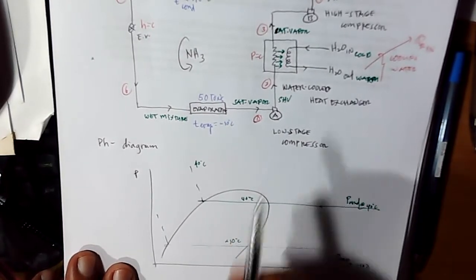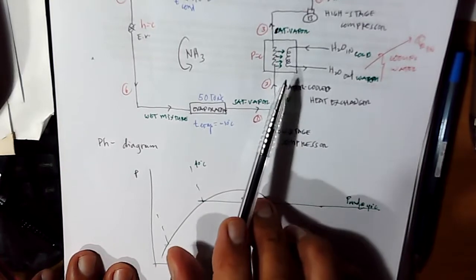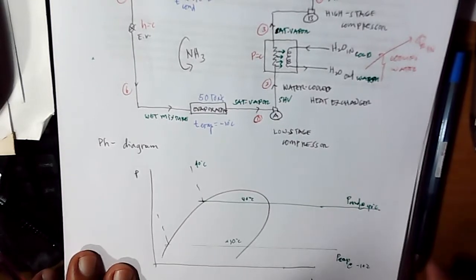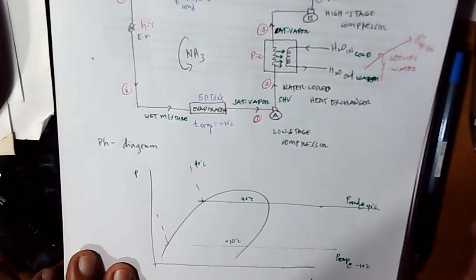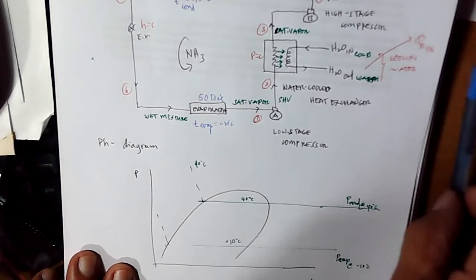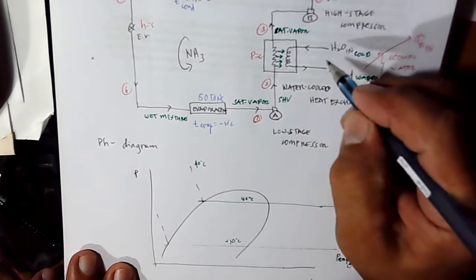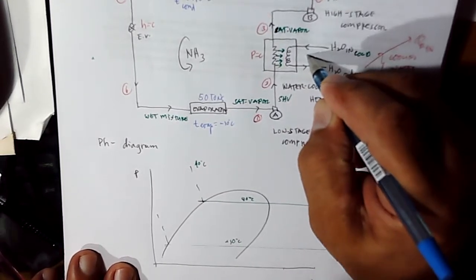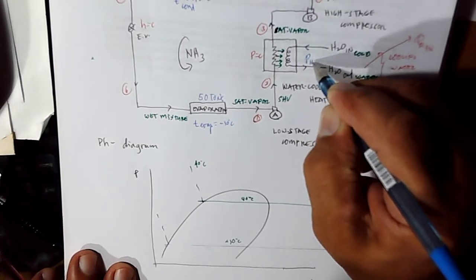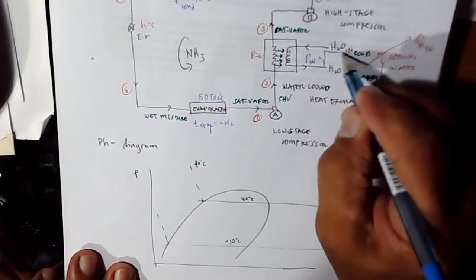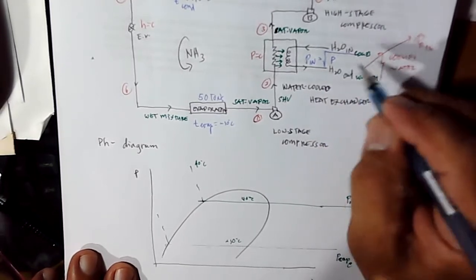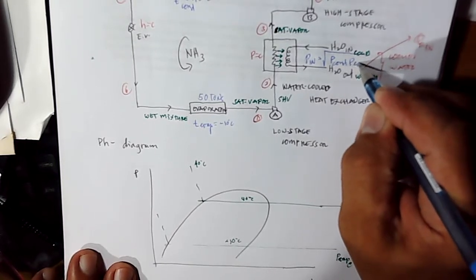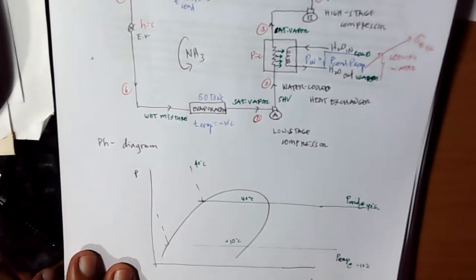To determine the pressure in between compressor A and compressor B, for the intercooler, if the pressure of the intercooler is not given, then you can use this equation. Your P intercooler is equal to the square root of P condenser and P evaporator.